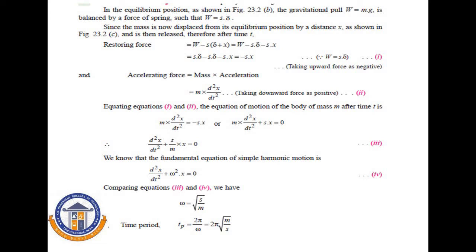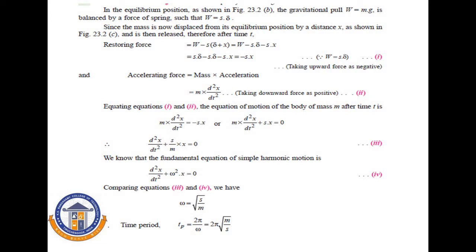We know that the fundamental equation of simple harmonic motion is d square x by dt square plus omega square into x equal to 0. This is equation number 4, and the earlier one is equation number 3. Comparing equations 3 and 4, you get omega equal to root of s by m.